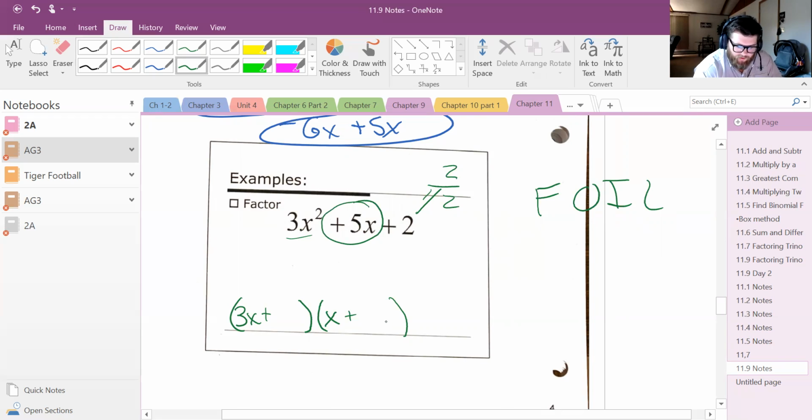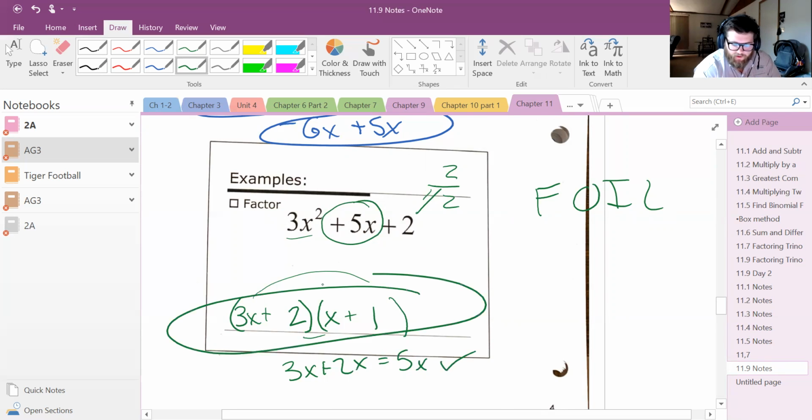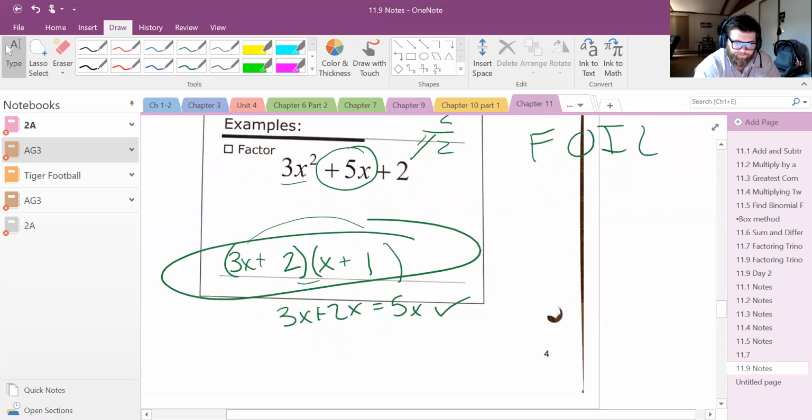Because 3 times 2 is going to be 6, plus 1 is going to be 7. I want to put 2 in this spot and 1 in this spot. That way when we FOIL for outer inner, we get 3x plus 2x equals 5x. That's what we want. Circle it and be done. Move on.